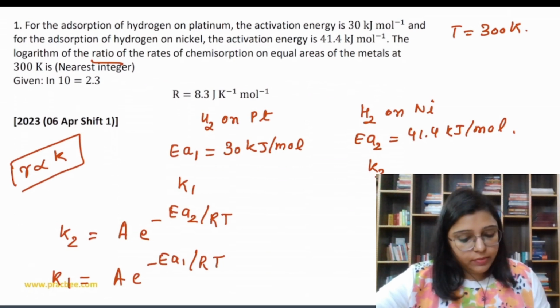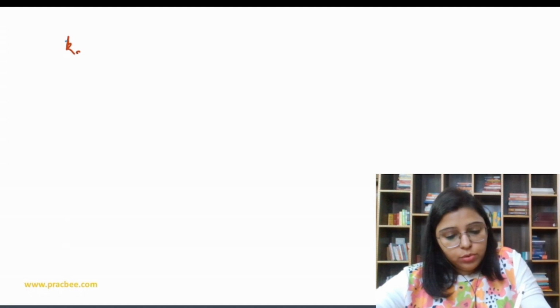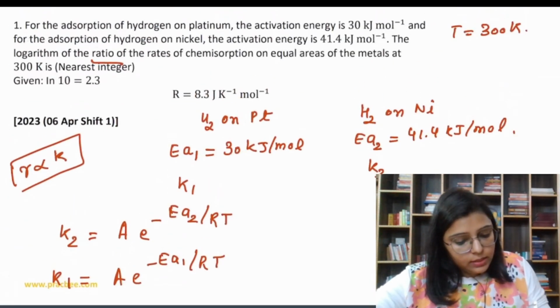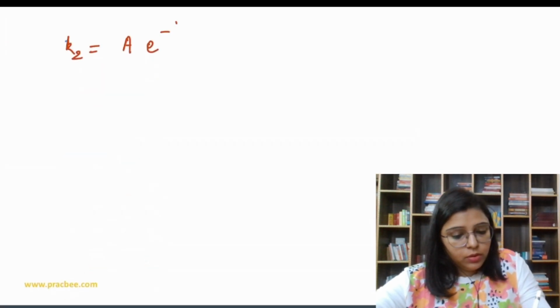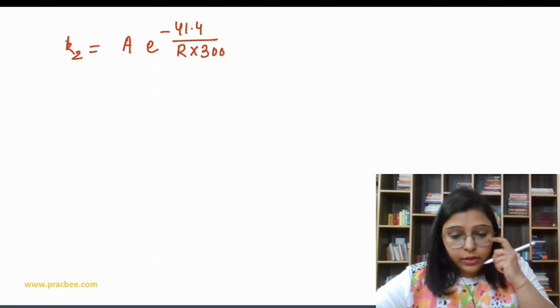So let's put in all the values. K2 is equal to A e to the power minus 41.4 EA upon R into T, that is 300.